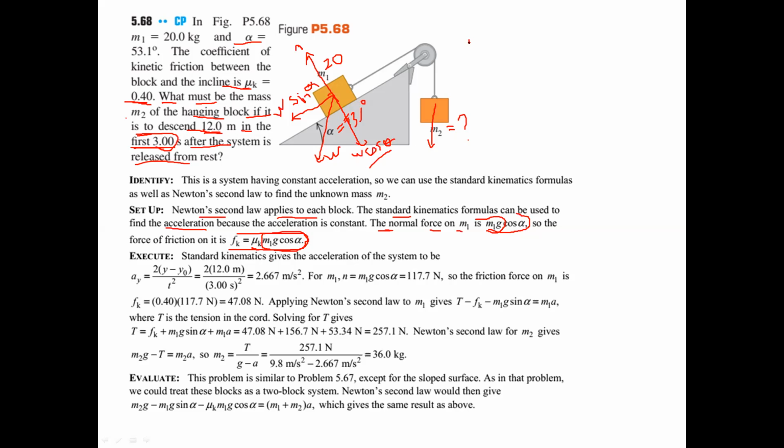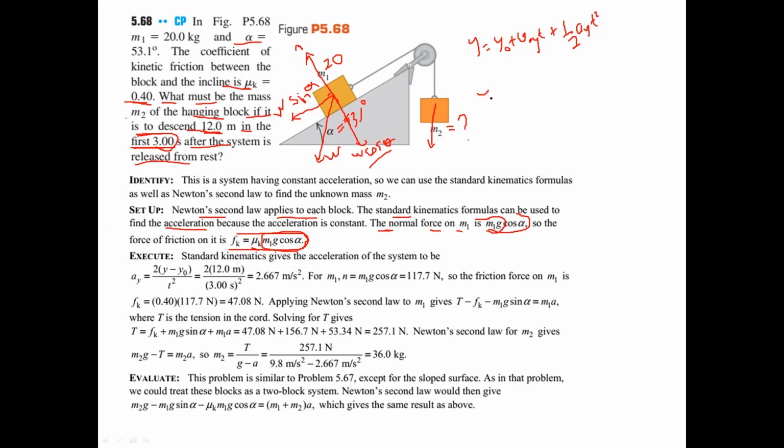So we can write y equals y0 plus v0y t, right? Plus 1 over 2 a_y t squared, right?